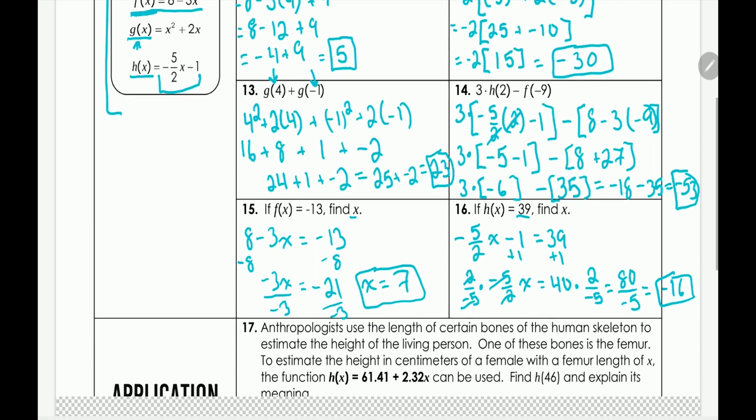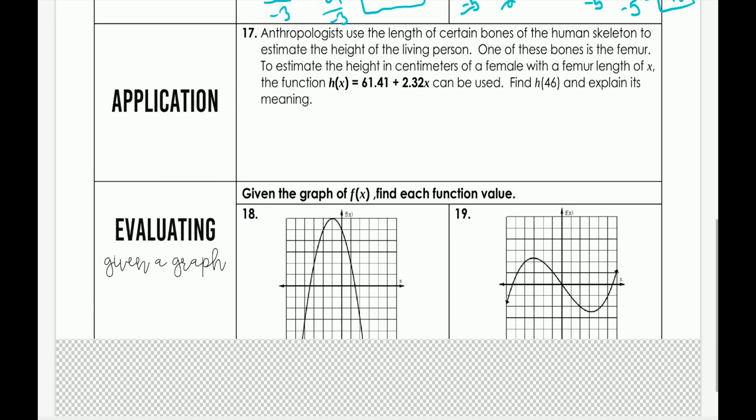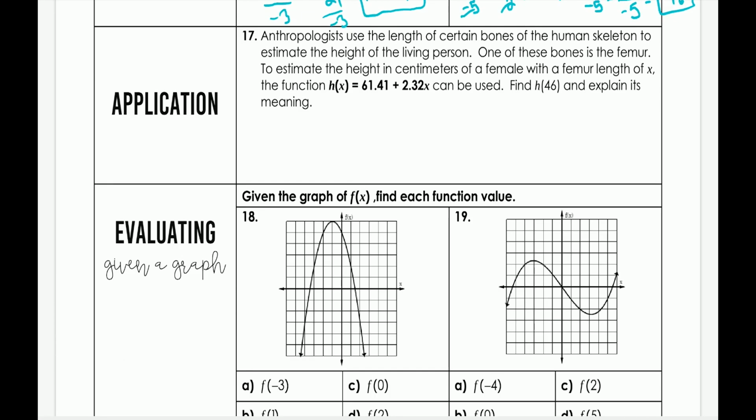Let's move on to number 17. So with number 17, we have an application problem. With this one, we are being asked to solve this word problem. So we have the anthropologist used the length of certain bones of the human skeleton to estimate the height of a living person.